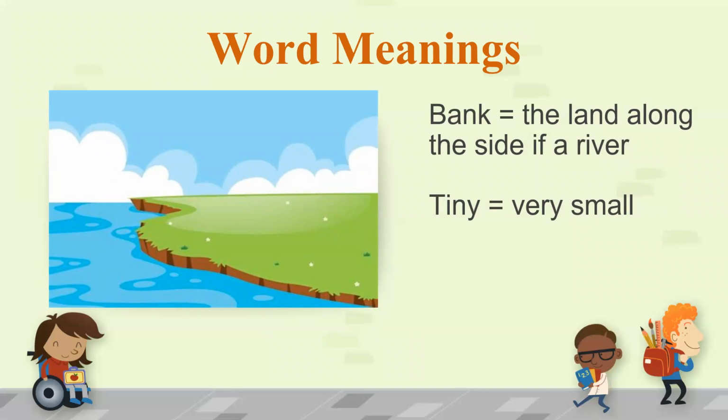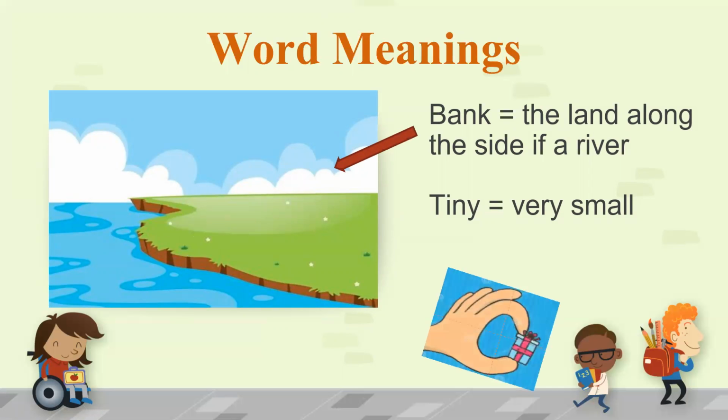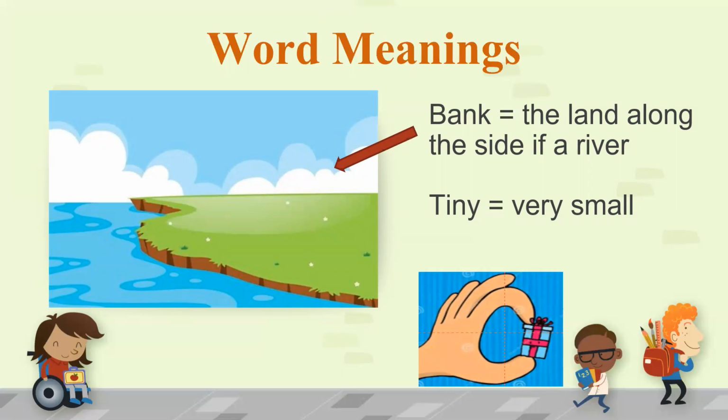The green land, whichever is here, is called the bank of a river. This is the river and the land which is next to the river is known as the bank of a river. And what is tiny? Can you see the size of this gift? It is so small. So tiny means it is very small.